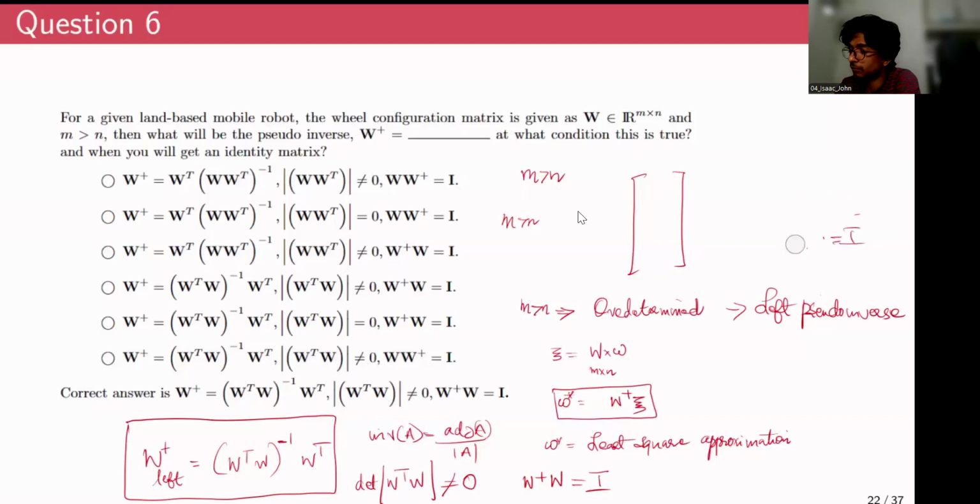But in case of a left pseudo inverse, you can only left multiply with the actual matrix. Then only you will get identity matrix. W W pseudo inverse may not be equal to I, right? So in that regard, the correct answer in this case, I believe, is option D, I suppose. Yes, that's option D, I think, is the correct answer.